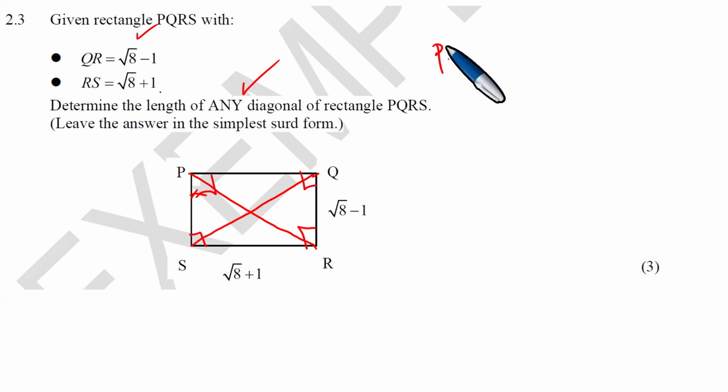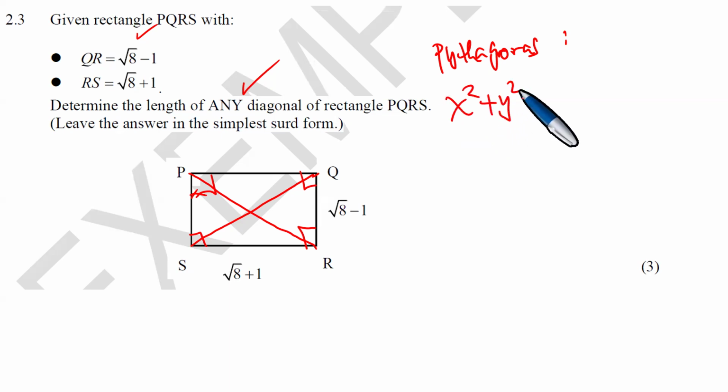We proceed to use what we call Pythagoras. If we have right-angled triangles, we use the Pythagoras theorem. So using Pythagoras, we're able to see that we have the following. Pythagoras says that x squared plus y squared is r squared.